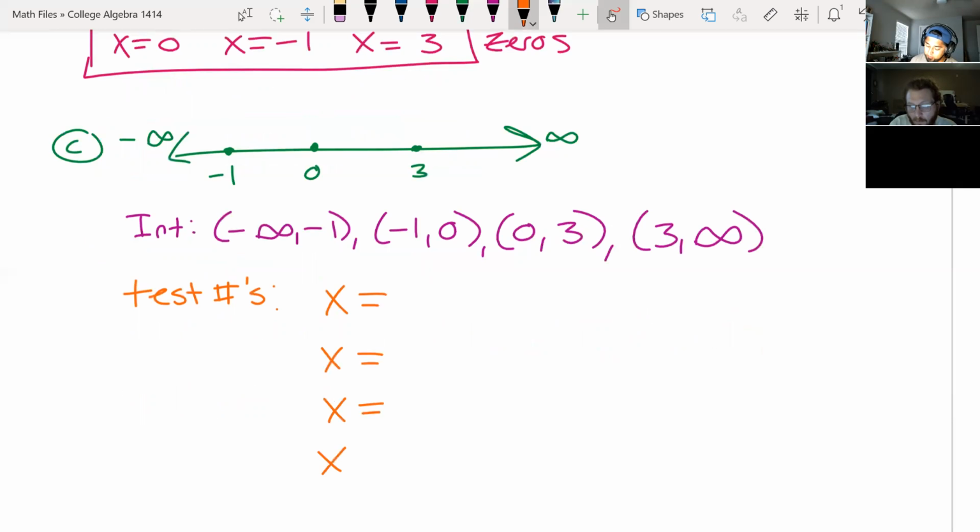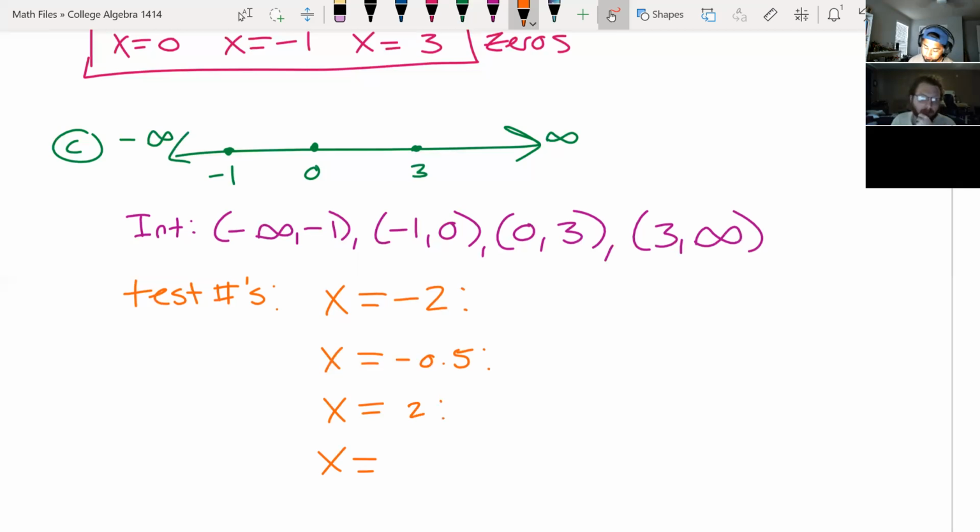Give me a test number from negative infinity to negative 1. -2. Give me a test number from negative 1 to 0. -0.5. Has to be in between the numbers, right? 0 and 3. 2.